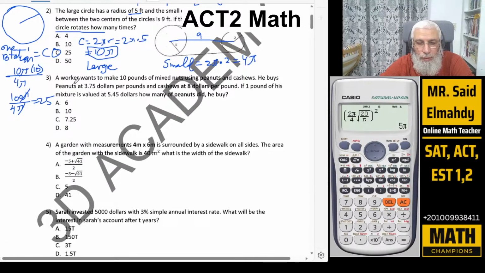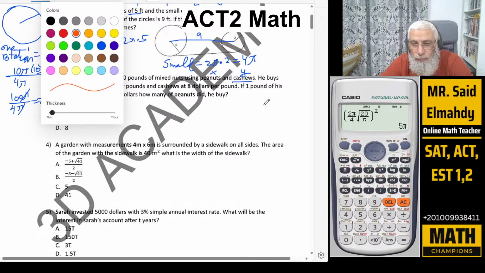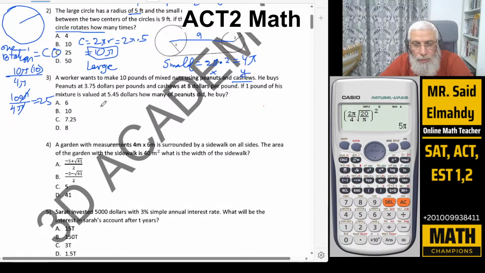Question number 3. A worker wants to make 10 pounds of mixed nuts using peanuts and cashew. He buys peanuts at, so let's make peanuts X and cashew Y. So this is 3.75 X per pound plus $8 per pound Y cashew.